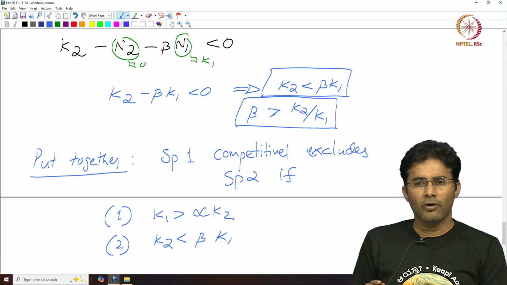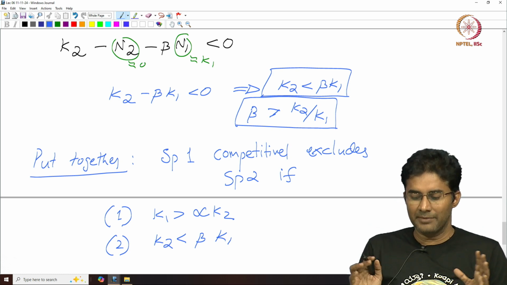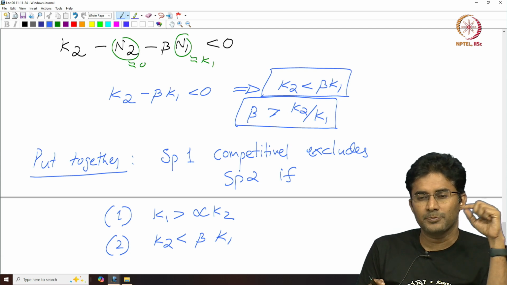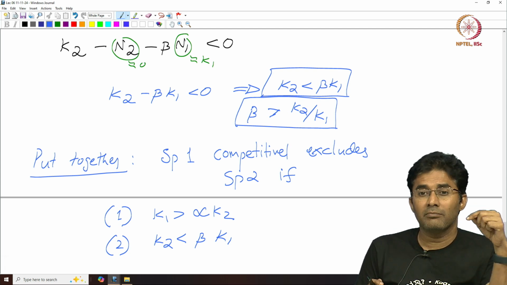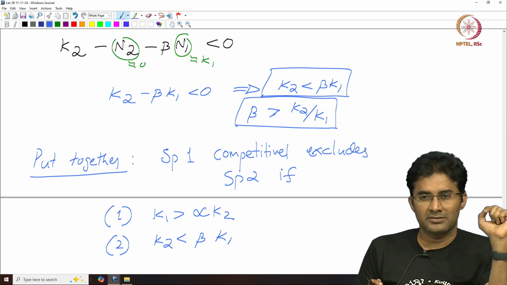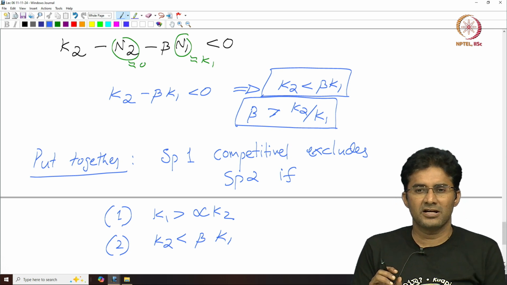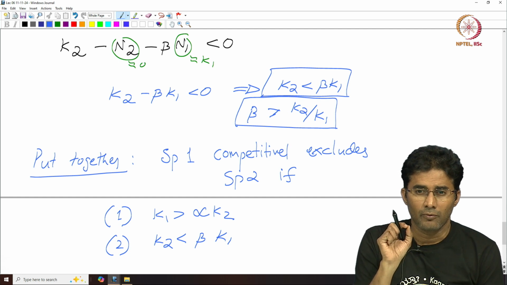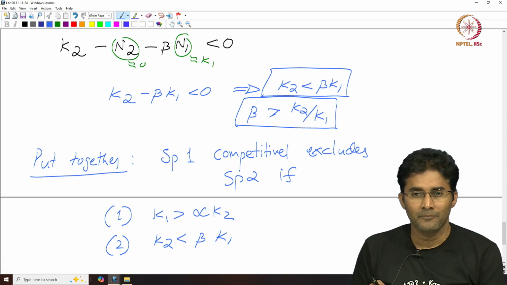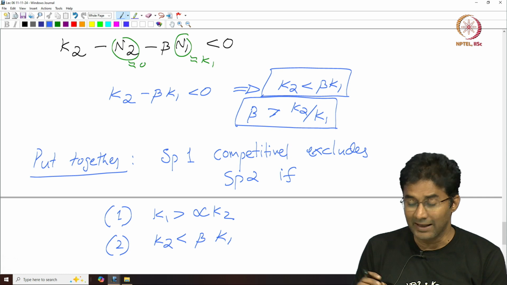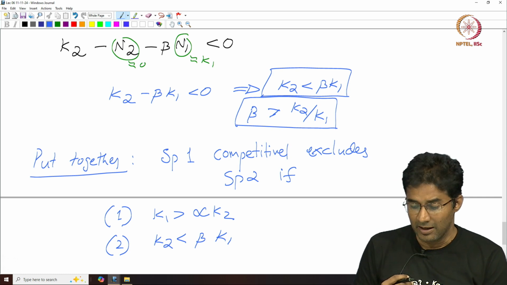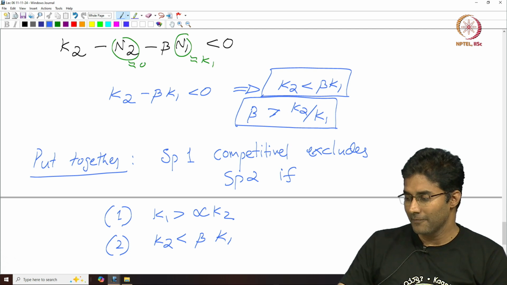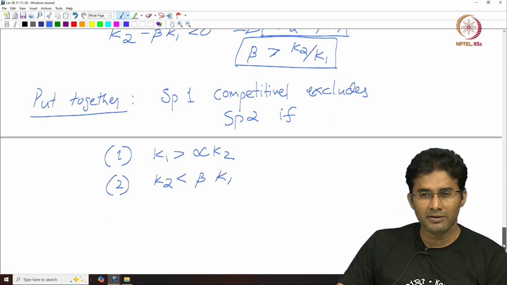So, what this is intuitively trying to say in summary is that the interspecific competition effect of species 2 on 1 must be small, whereas the interspecific competition effect of species 1 on 2 must be large. And this can happen directly via alpha and beta and indirectly via carrying capacities being large. Let me make one remark here.